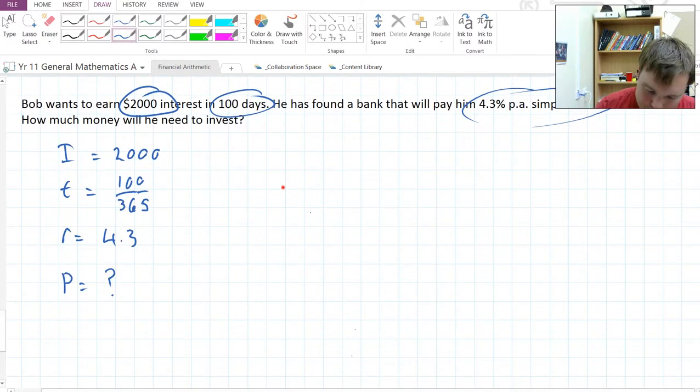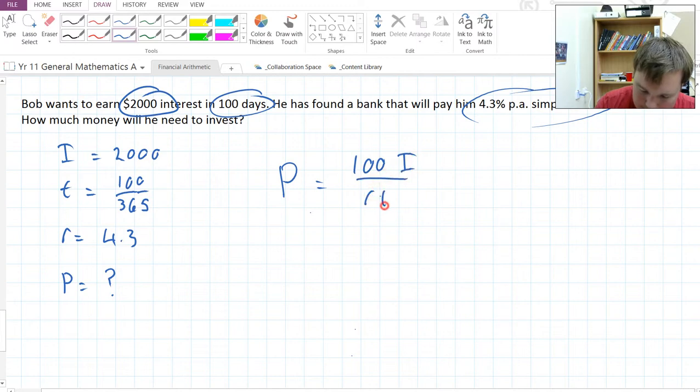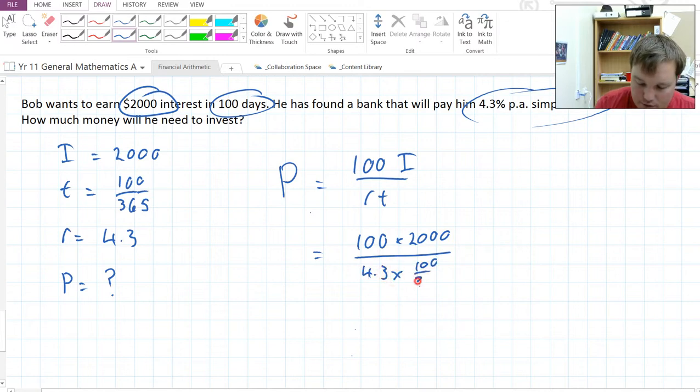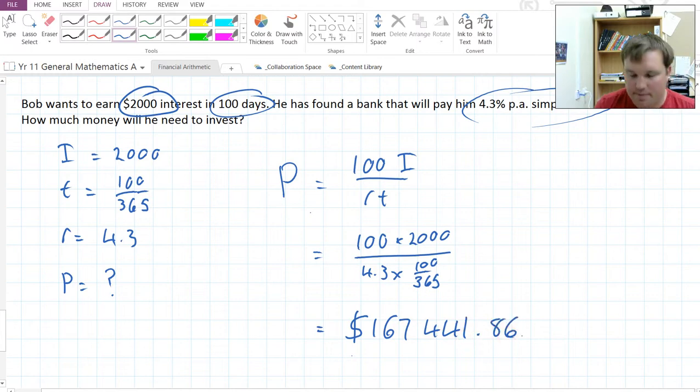Principal is equal to 100I over RT, which is 100 times the amount of interest he wants to earn, which is 2,000, over rate, which is 4.3, times time, which is 100 over 365. The principal he's going to invest in order to earn this amount of money is 167,441.86.